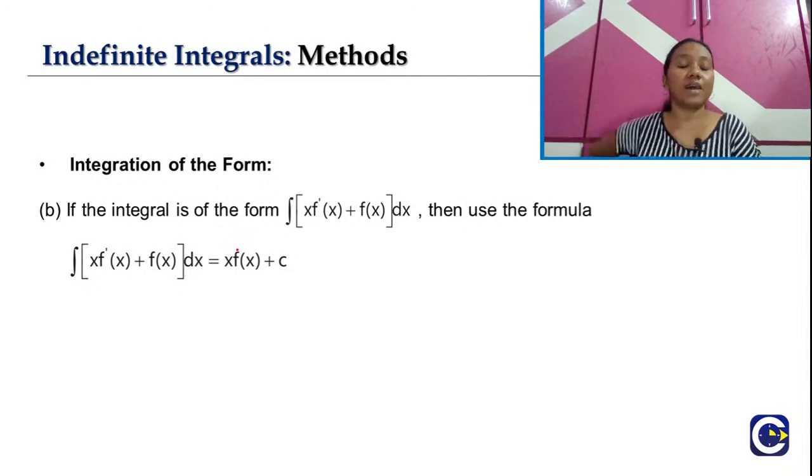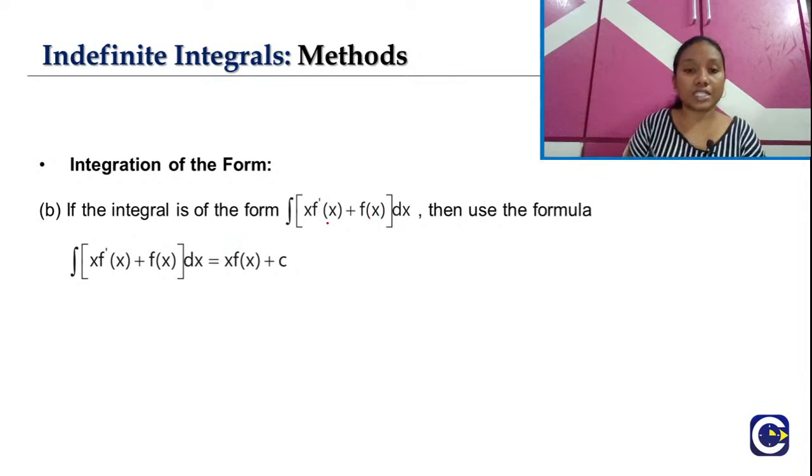So initially our integral form is in terms of exponential, but now it's in algebraic. So let's see. If it's an integral of form x into f dash x plus f of x, here you can see the x variable is with only the function f dash x, not with f of x.